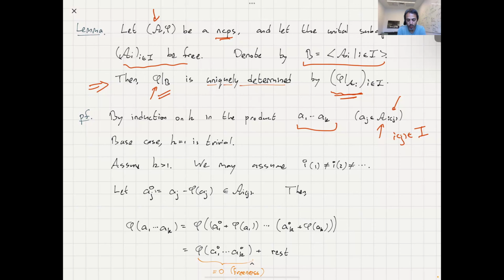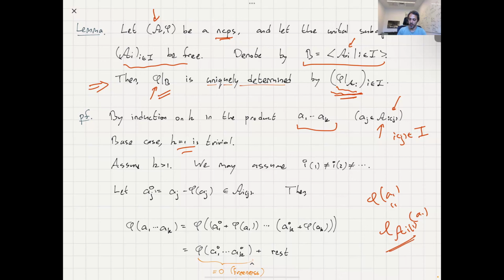And what we want to show is how to compute phi_B of this product given only information, given only by applying phi on the subalgebras A_i, right? Which is the same thing as saying that we are only evaluating these projections. Okay, when k equals 1, the task is trivial because phi of a_1 is indeed phi of the subalgebra corresponding to this index, the only index here at a_1.